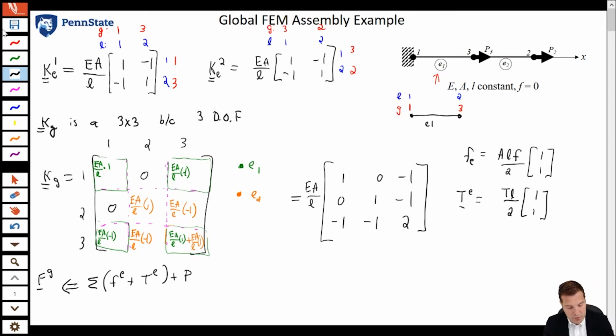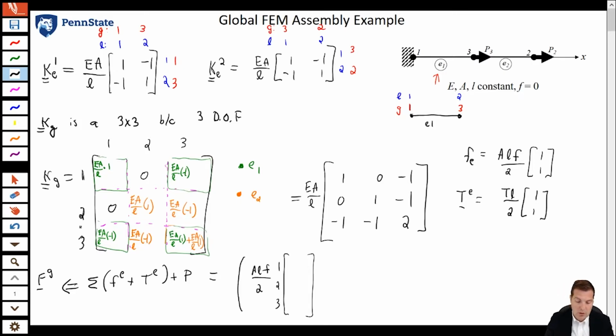If we wrote those in, we're going to have AL times F over 2, and then we have to do the same thing, so we are going to have global matrices. We have 3 nodes, so it's going to be 1, 2, and 3. The numbering is similar to the global 1, 2, and 3 here.